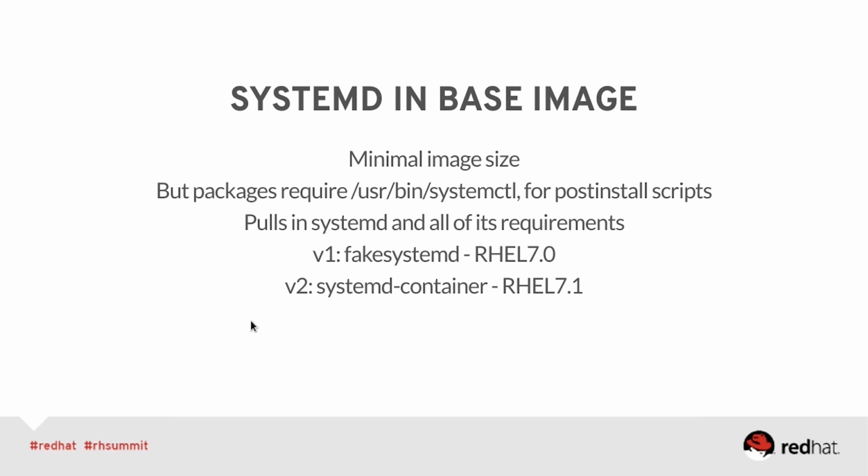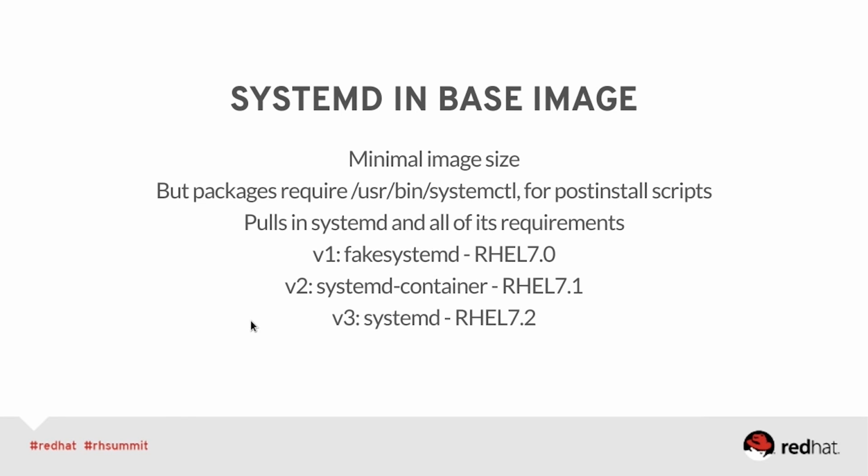We pulled out fake systemd, and we had a systemd built with special flags to minimize the amount of requirements. Because what was happening earlier, you wouldn't get just systemd, you would get udev and all this other cruft that systemd had requirements on. So we rebuilt systemd container to minimize the requirements, so you could install it in the base image and have a smaller base image, and Leonard hated it.